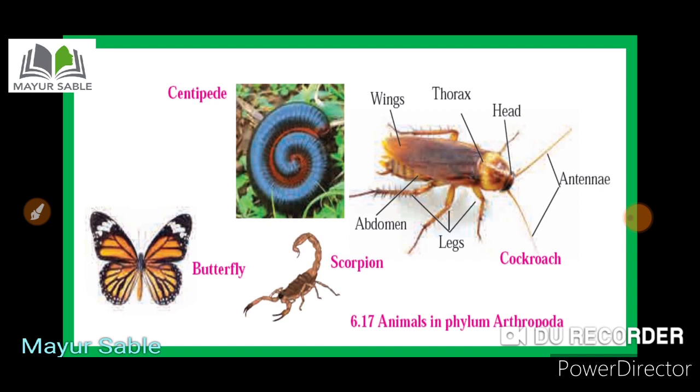Those animals are unisexual. What does it mean by unisexual? The male and female appear separately. The examples, as you can see in the picture, are the butterfly, the scorpion, the cockroach and the centipede. So in this manner we studied the phylum Arthropoda here.